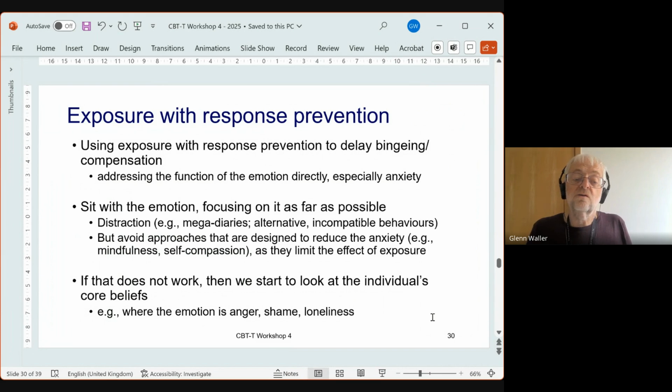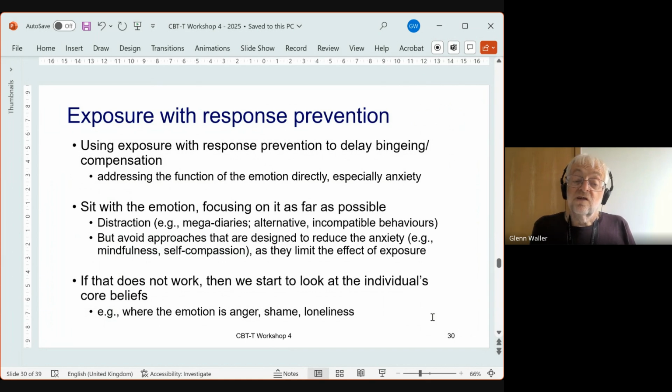And we can use distraction, like getting the person using tobacco behaviors, using big diaries, etc., to keep the person focused in on the kind of core task of make sense of it. But we don't want to use compassion work or relaxation work because, again, they'll lower the anxiety artificially and the person won't learn so much. As I said before, I have no problem with things like mindfulness, self-compassion. Just don't try mix them up with exposure work.